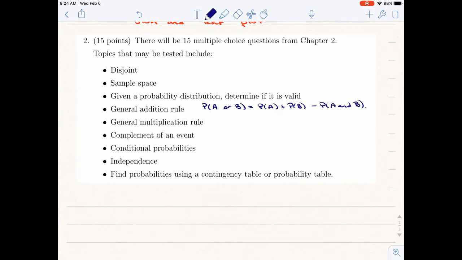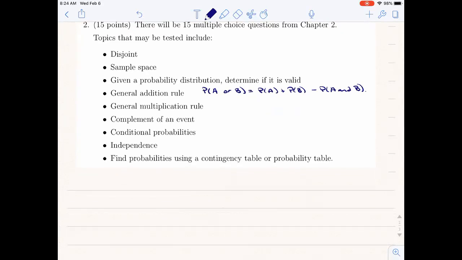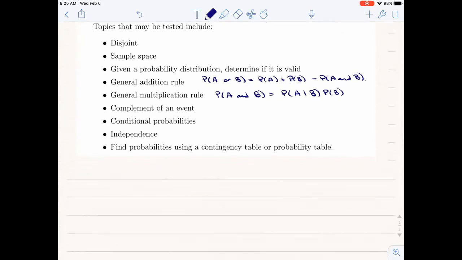The general multiplication rule we have on your formula sheet, sort of. It's the probability of A and B is the probability of A given B times the probability of B. And that's from conditional probabilities.